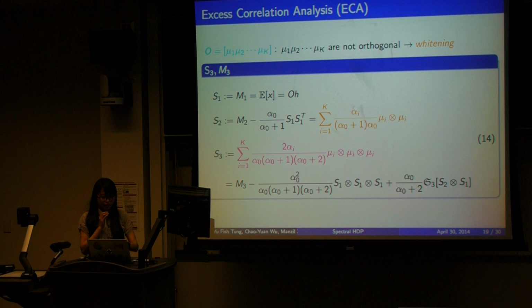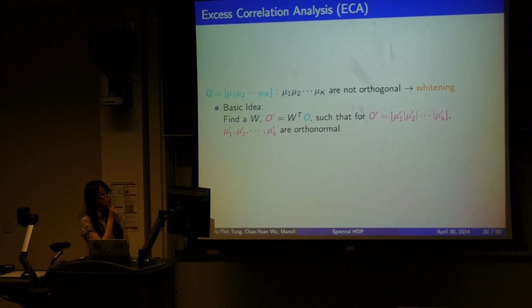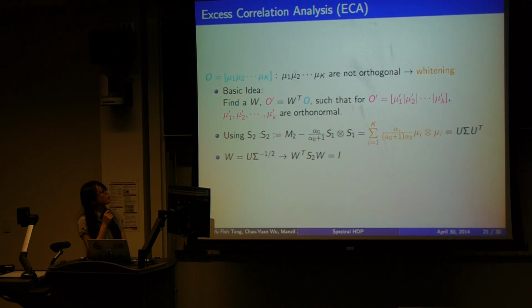So the idea is to use S2 and find a W that whitens these latent features. So W is derived by doing singular value decomposition on S2, and then finding W from the eigenvectors multiplied by the eigenvalues.